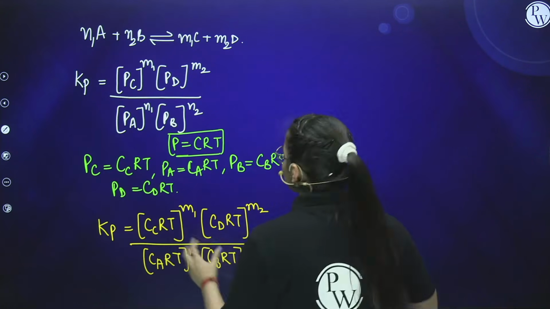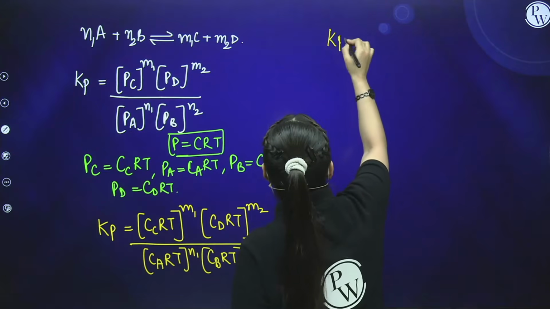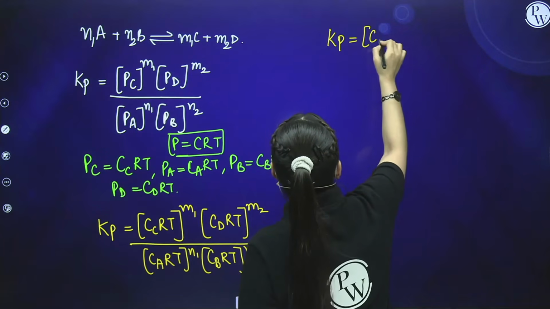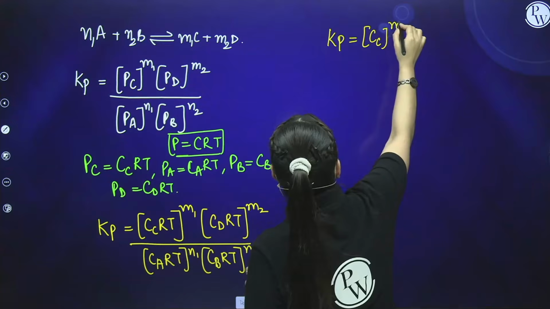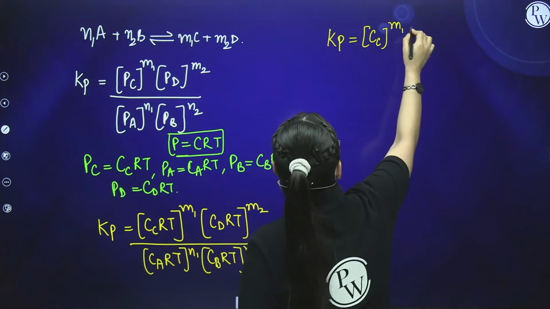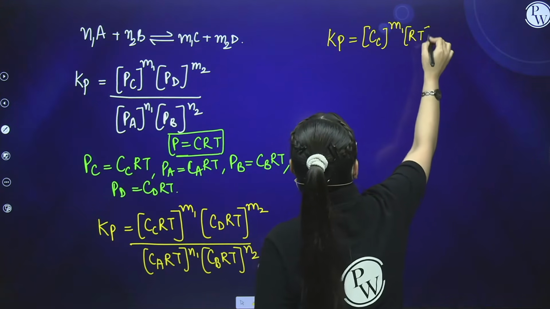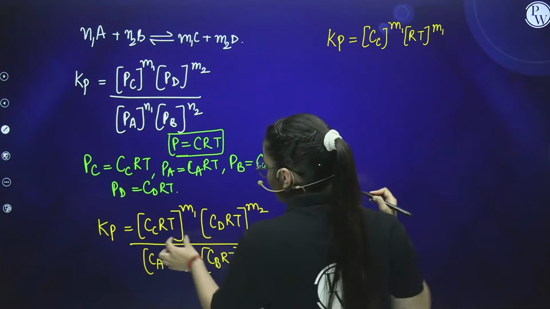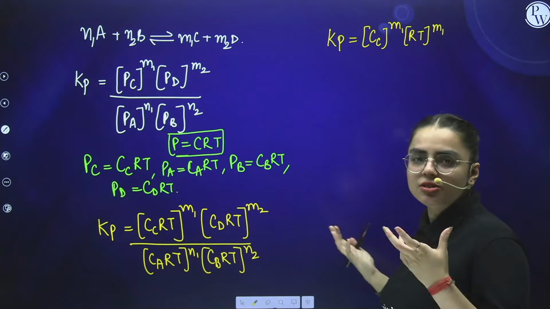If I open this up, what am I going to get? I'm going to get Kp is equal to concentration of C, power is again M1, into RT, power is again M1. It is the same thing because they are multiplied. I can write it in this way, right?